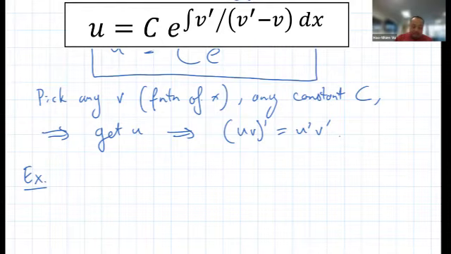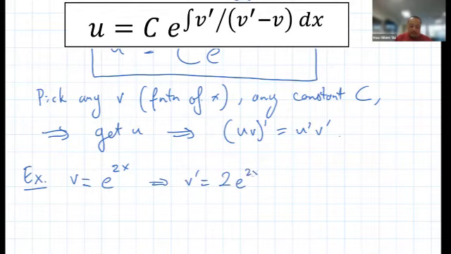So let's do an example. Let's set v equal to an exponential, but I don't want to just do e to the x. You know why? Because then v prime minus v is just equal to 0, and I'm going to be dividing by 0, and that's bad. So I'm going to make it off a little bit, e to the 2x. Then v prime is 2e to the 2x. V prime minus v is equal to 2e to the 2x minus e to the 2x, which is a single e to the 2x.